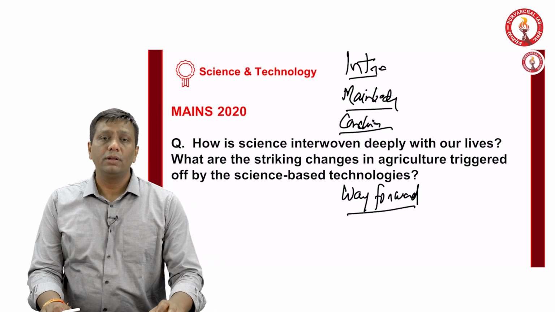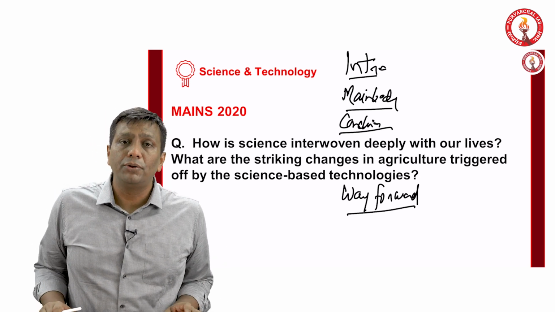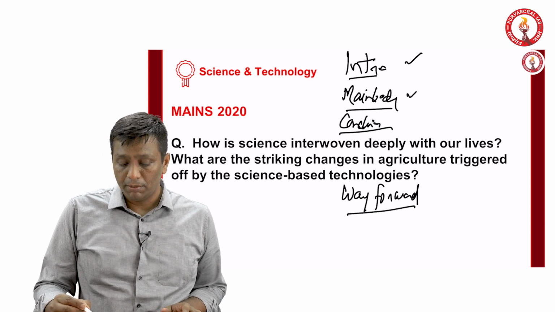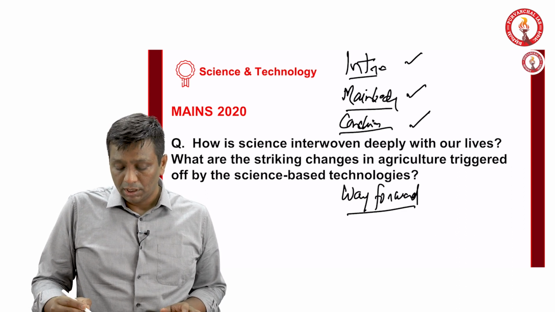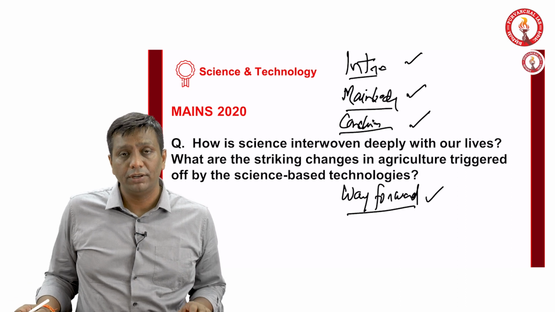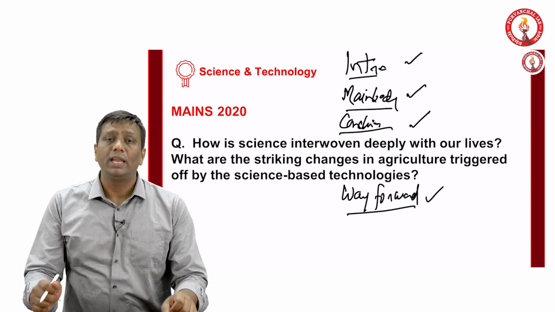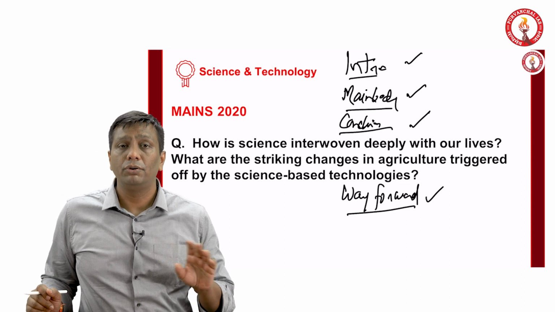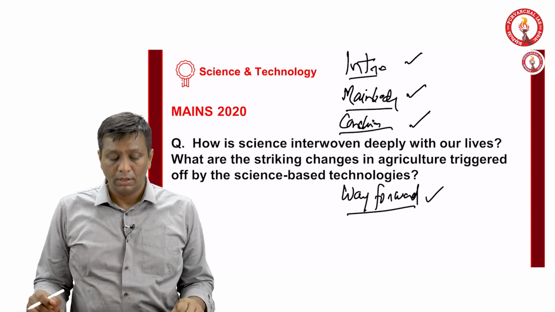So whenever you are writing any answer, always remember the 4 parts: the first part should be the introduction, the second part the main body, the third part the conclusion, and the 4th part the way forward. You must write each and every answer in this outline and structure if you are writing in science and technology.